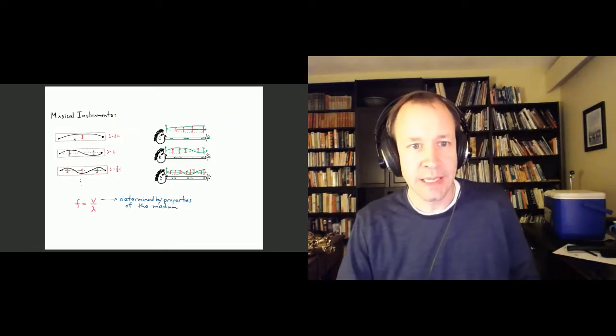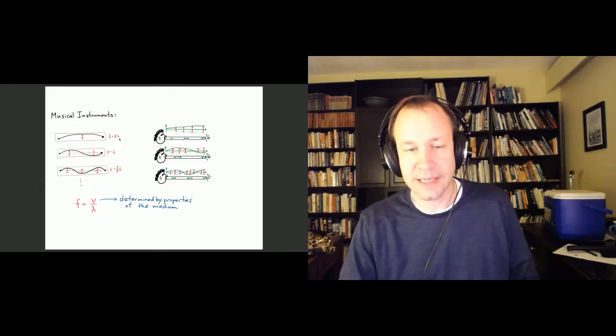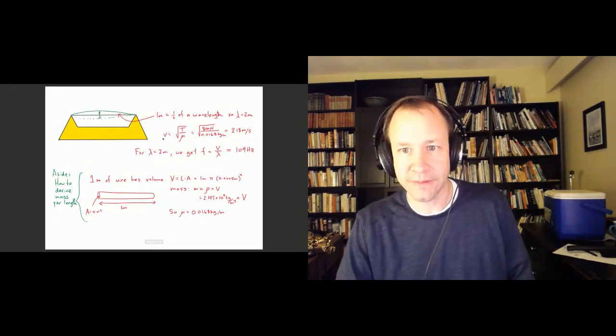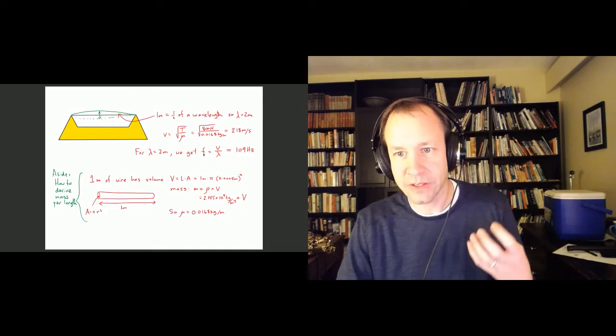Okay, so that would correspond to this method of vibration where the wavelength is twice the length of the string. So in this case, we want to use a wavelength of 2 meters. And in order to figure out the frequency, we just use frequency equals the velocity over the wavelength.